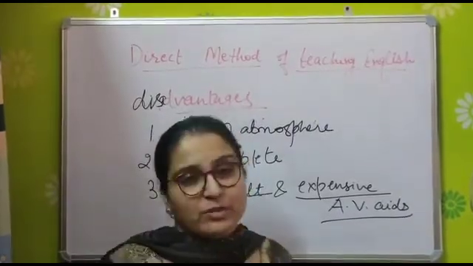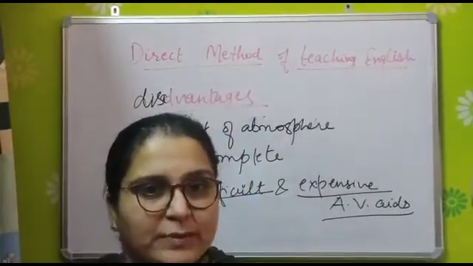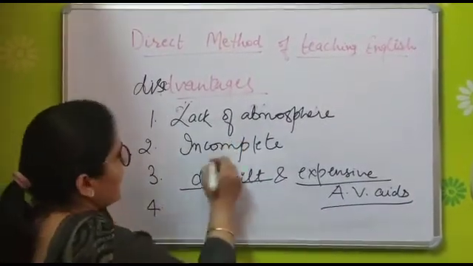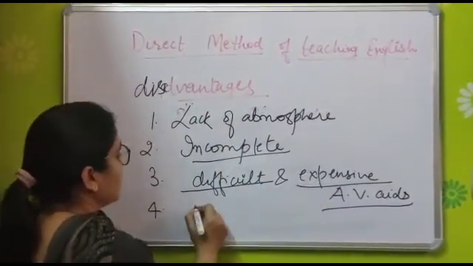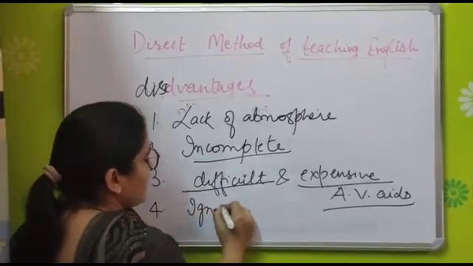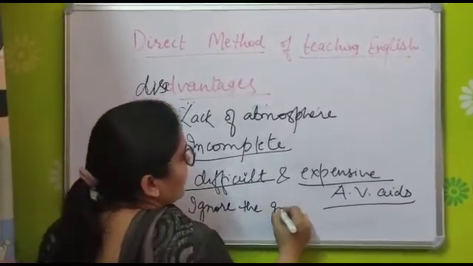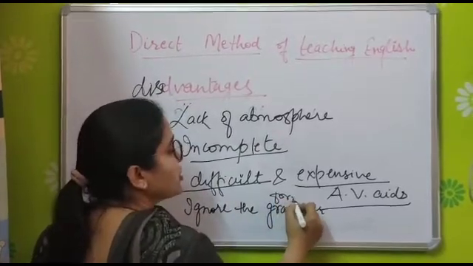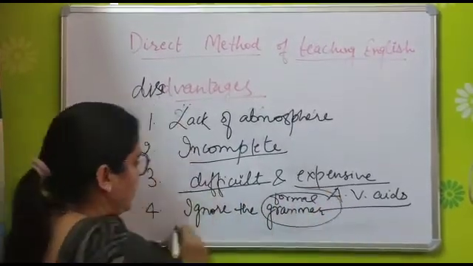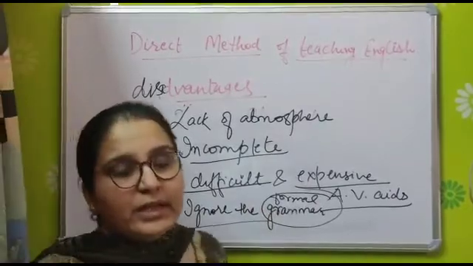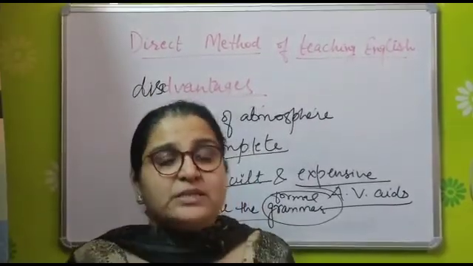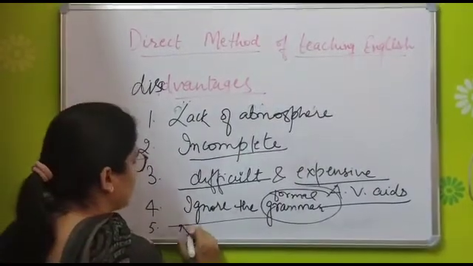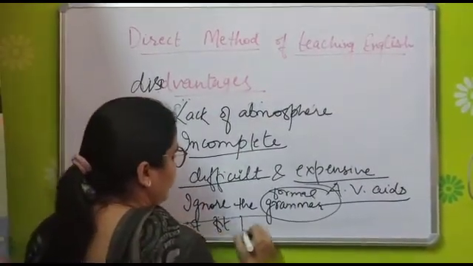That's why it is very much expensive method, and it ignores the teaching of grammar. As we already said that it is incomplete because it focuses on functional grammar only, but it ignores formal grammar. And this method is also not fit for overcrowded class.